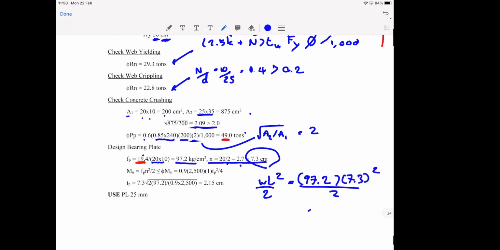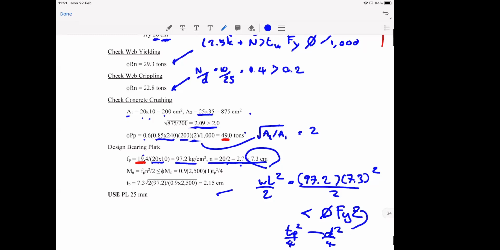And this term should not be more than phi and then Mp of the plate, which is Fy Zx. And Z is, you know, b is equal to 1 because we design on the strip of 1, and then it becomes b d square over 4 or tp square over 4. Okay, you can solve that and you get the plate thickness.